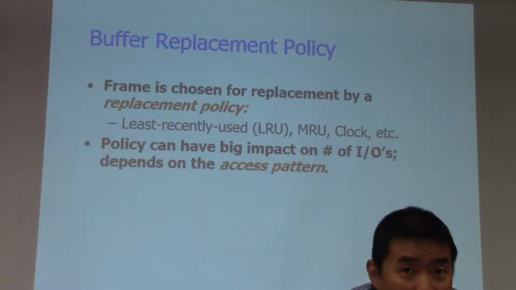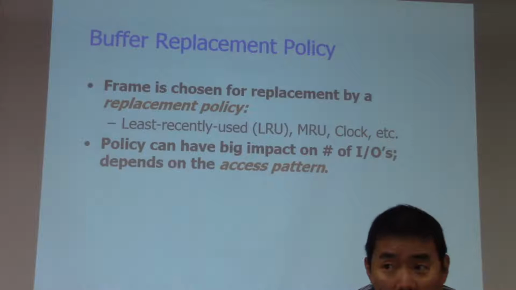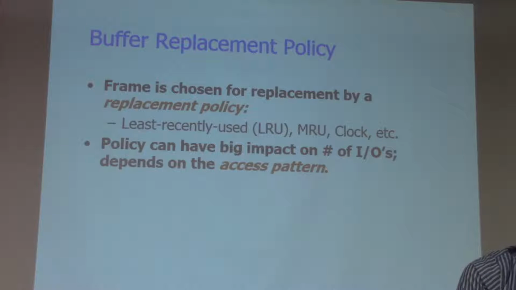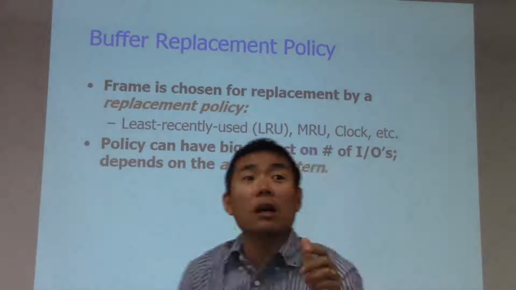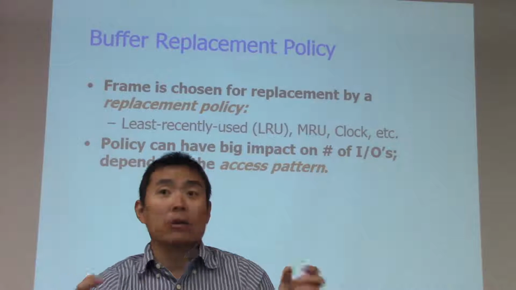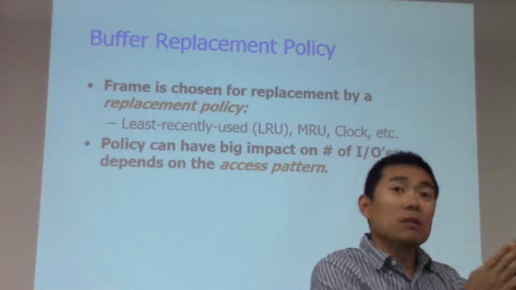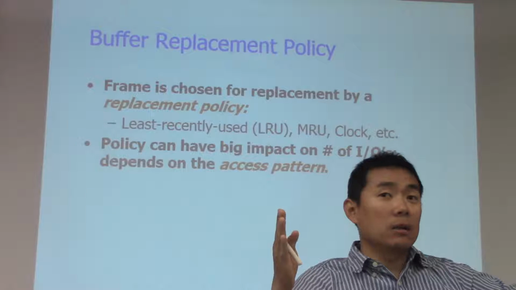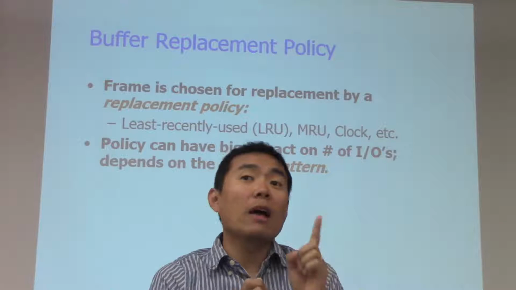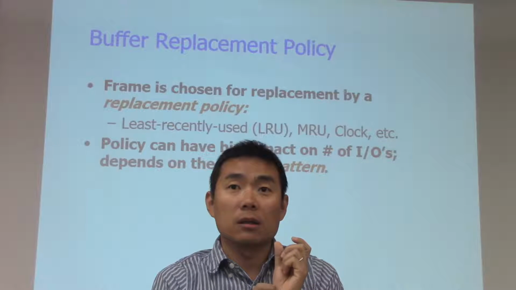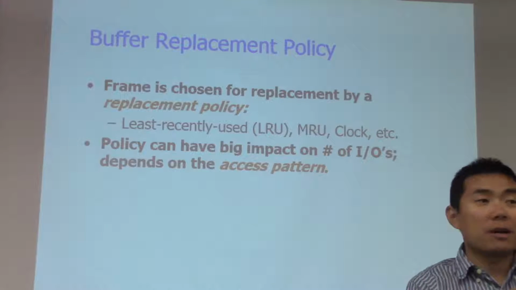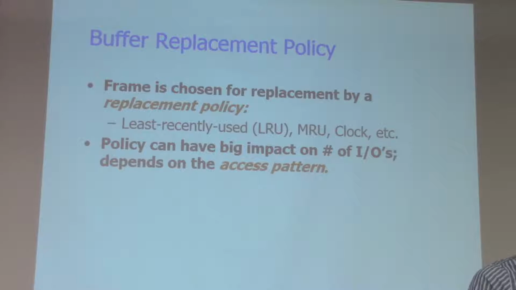one thing I need to highlight is all of these are some kind of heuristic, because the performance of a particular buffer replacement policy depends not only on the design of your algorithm, it also depends on the sequence of requests coming in to your system. This is one example where the cost of your algorithm depends very much on the input you have.